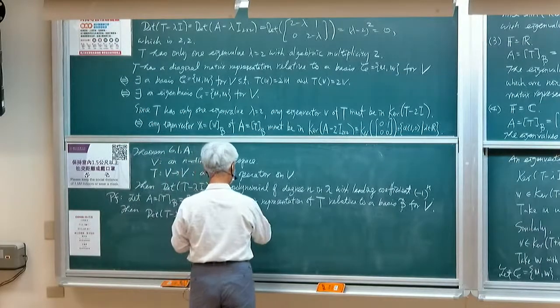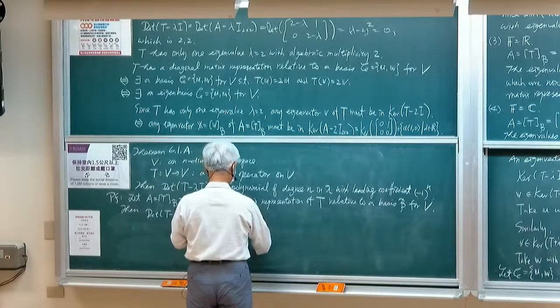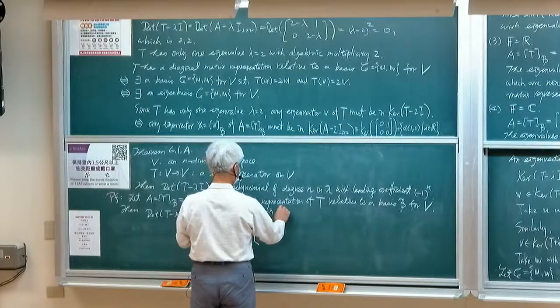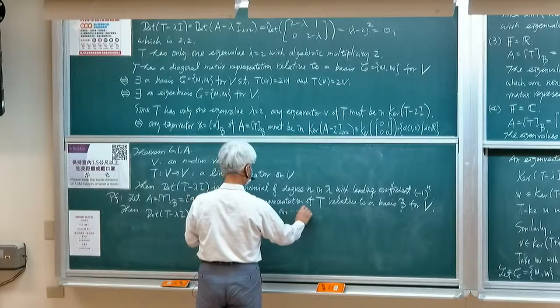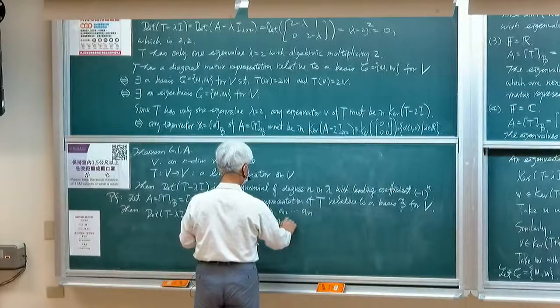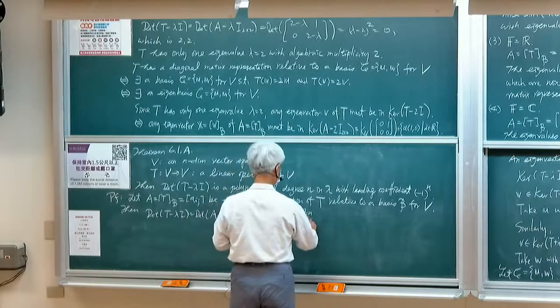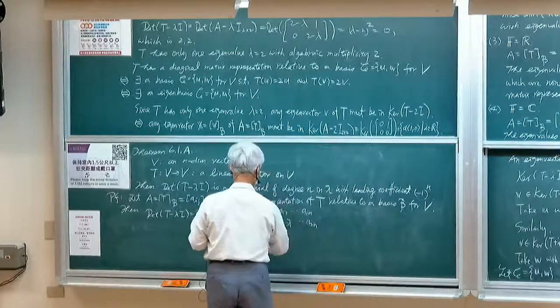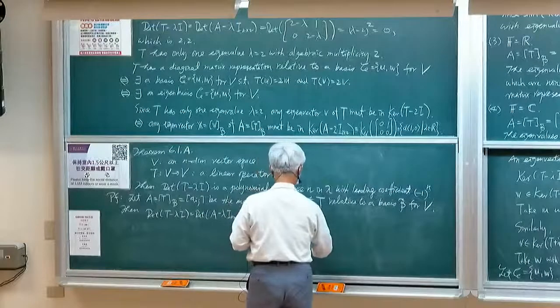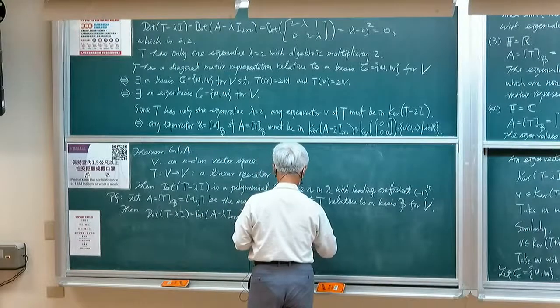We write this down: A11 minus lambda, A12, up to A1n; A21, A22 minus lambda, up to A2n; down to An1, An2, up to Ann minus lambda.